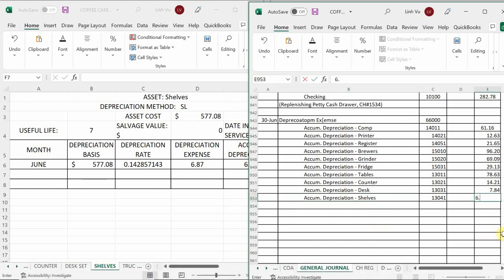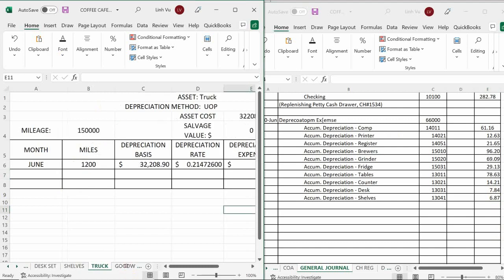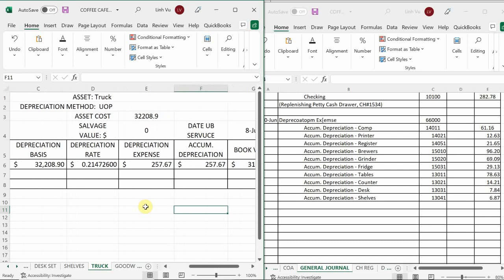For $6.87. And the last depreciation I have on this list, because goodwill is amortization, which is a separate account. This one's going to be for $257.67.